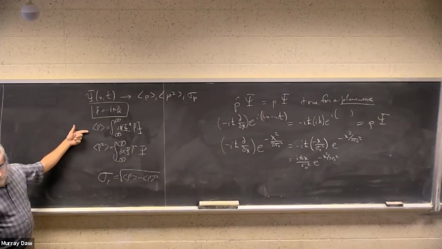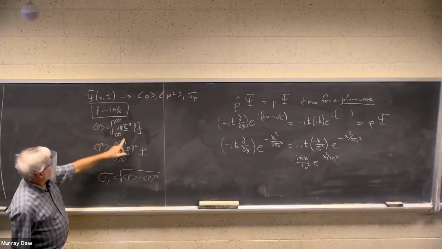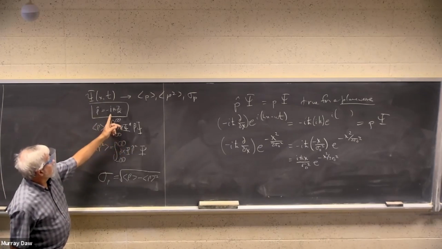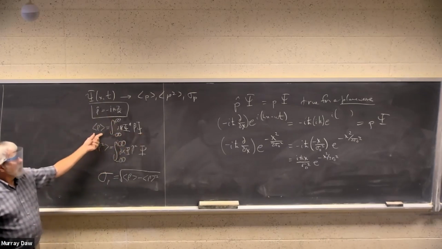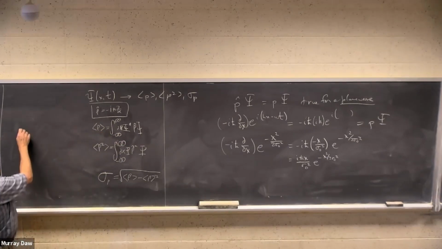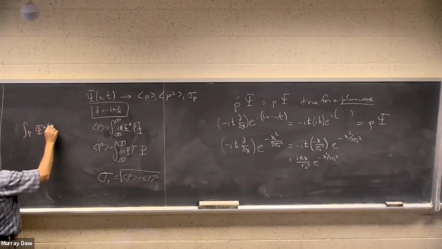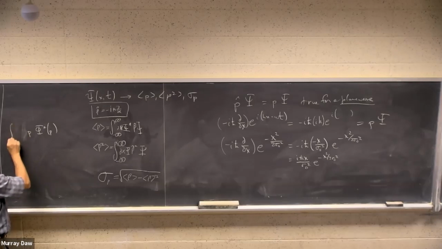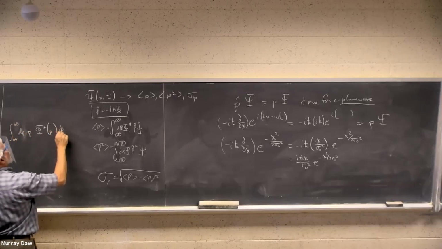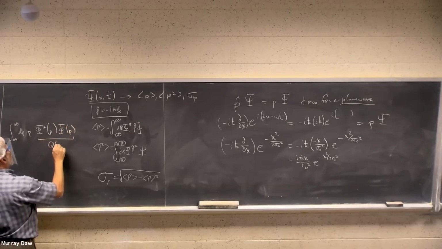The proof for this is when we went through the Fourier transform. If you substitute the transform for psi here and go through this operation, you'll get the average value of p in terms of the Fourier transform. This is the probability of having p.